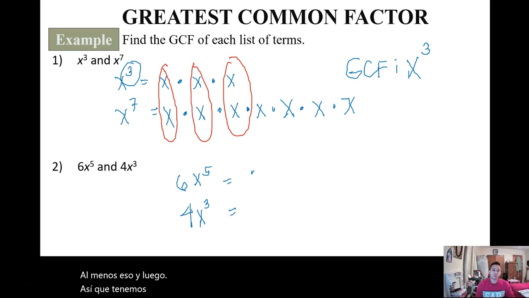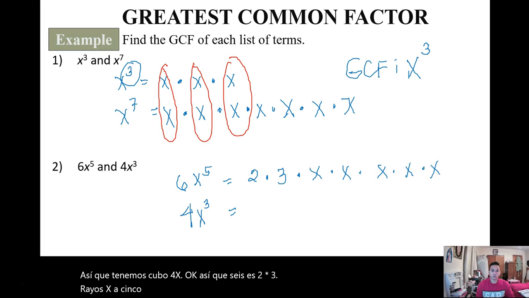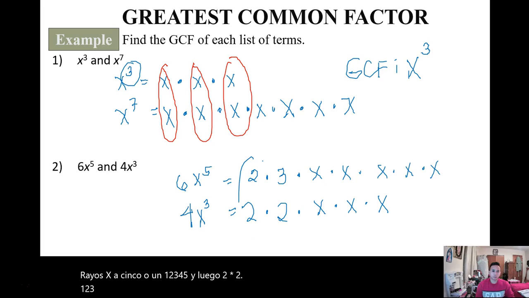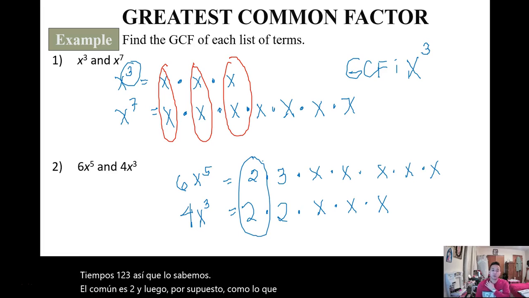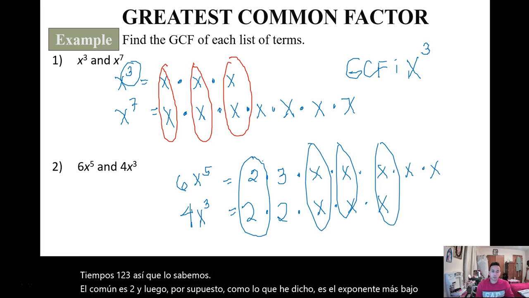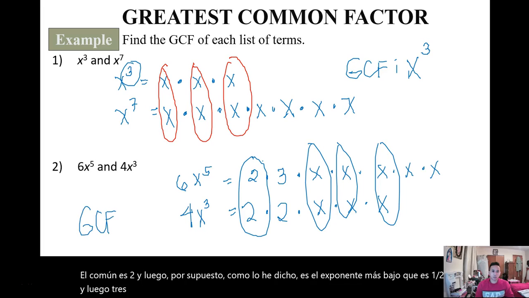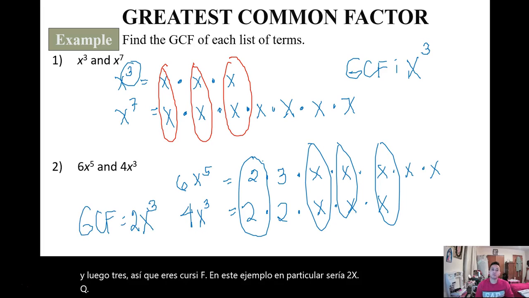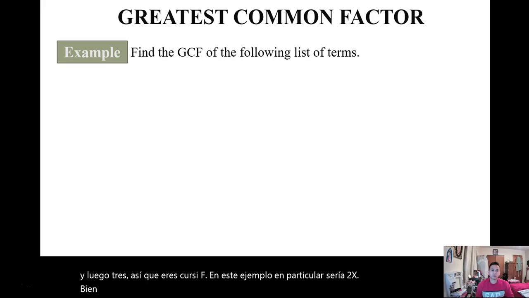So 6 is 2 times 3 times x raised to 5, or 1, 2, 3, 4, 5, and then 4 is 2 times 2 times x cubed, 1, 2, 3. We know that the common numerical factor is 2, and as I said, for the variable it's the lowest exponent, that's 3. So your GCF in this particular example would be 2x cubed. Okay. Next example, find the greatest common factor of the following list of terms.